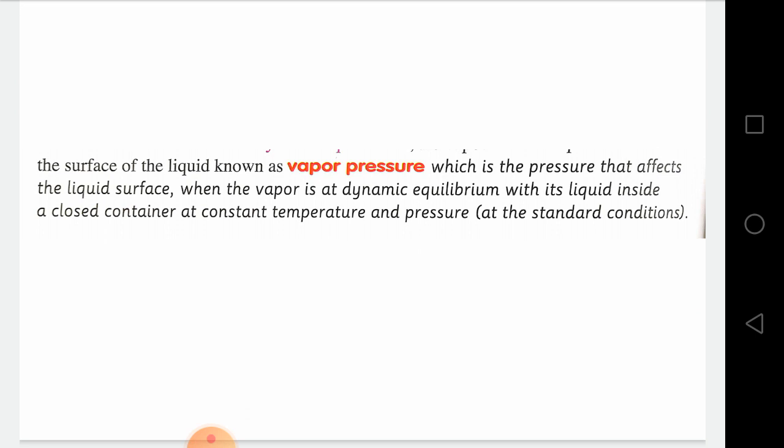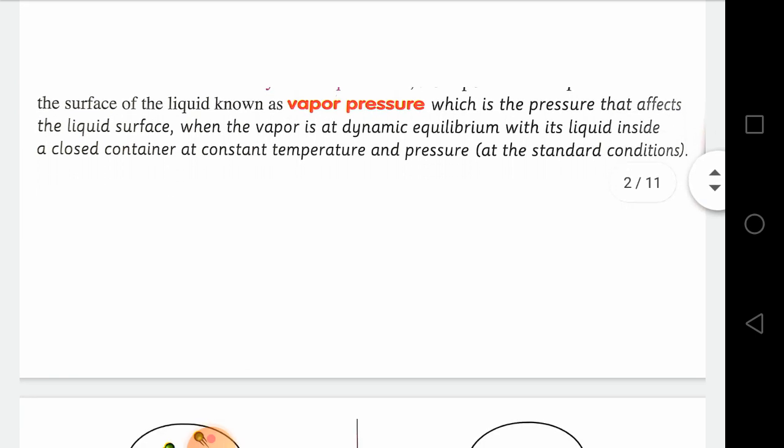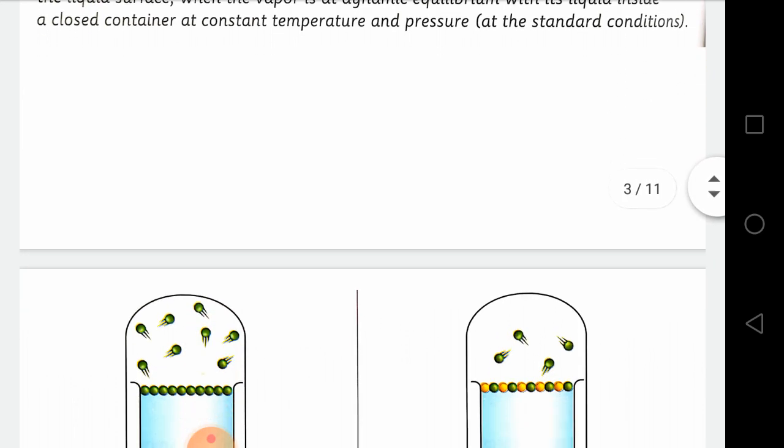Again, be careful, this value of vapor pressure must be at constant temperature and pressure, because any change in these factors or conditions, temperature or pressure, will change the value of vapor pressure.